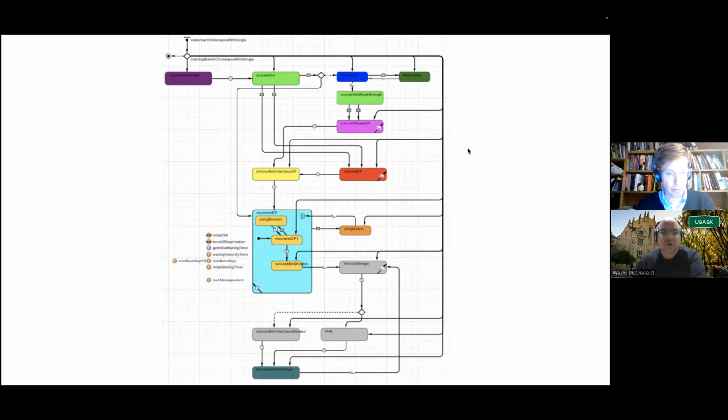This state chart represents the natural history of disease for the varicella-zoster virus. So in the beginning, when a child is born, for a time, they are protected by maternal antibodies. They then become susceptible. These two states represent protection due to vaccination.